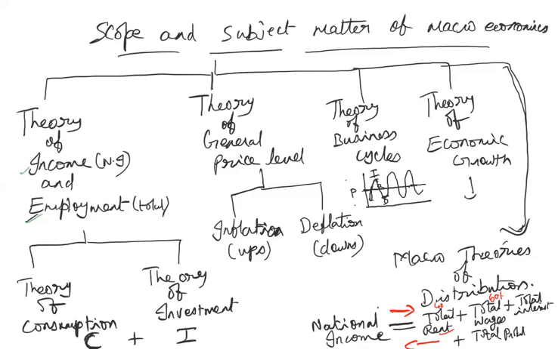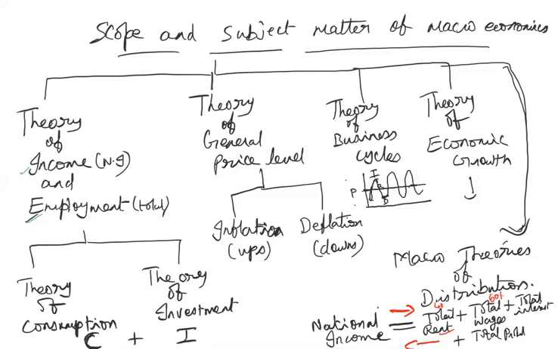So we will know how the national income of the country is distributed, and we will also be able to find out whether it is evenly distributed or unevenly distributed. So this is another subject matter studied under macroeconomics. Now you can understand the importance of macroeconomics, and that it is trying to solve the problems of economic growth.